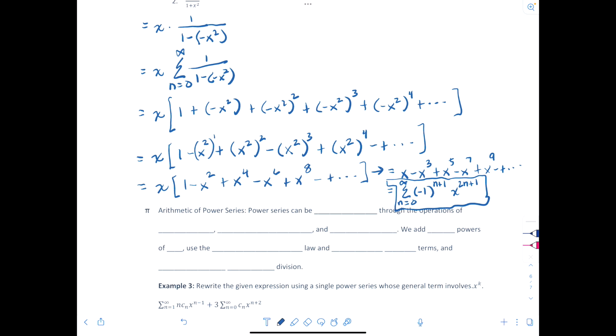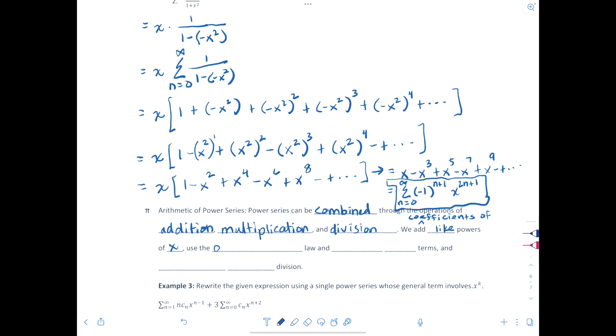And then now, arithmetic of power series. Power series can be combined through the operations of addition, multiplication, and division, and we add, I actually forgot a little something here, so we add coefficients of like powers of x.